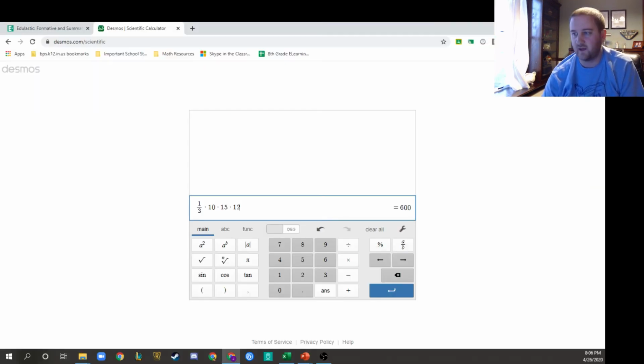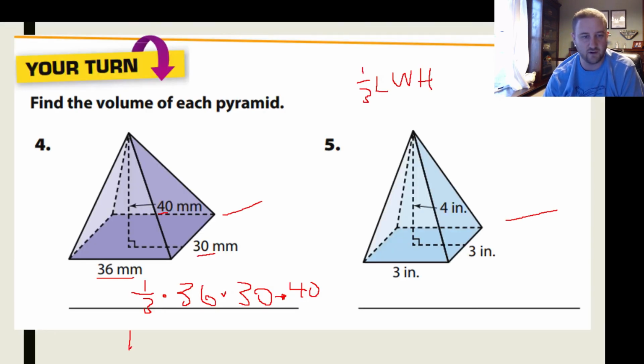So we're going to plug that in. 1/3 times 36 times 30 times 40. And we can see we get a volume of 14,400. Okay, and now our label is millimeters cubed.